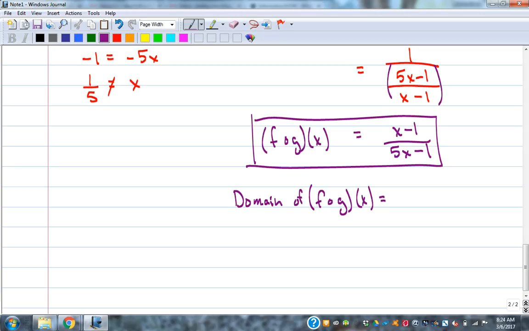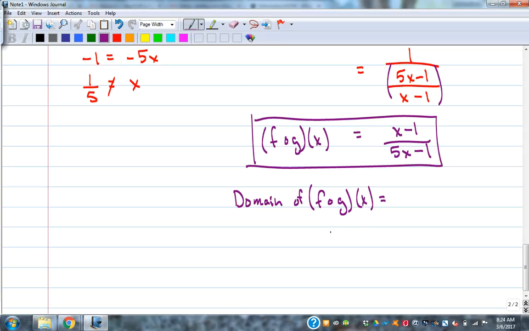Now, the negative 5 really doesn't matter. Because we've replaced the x in the first function, in the f of x function. Remember, in the composite, that's what got replaced, the x in the f of x function. We had to deal with it to find that restriction, but there's this restriction there.